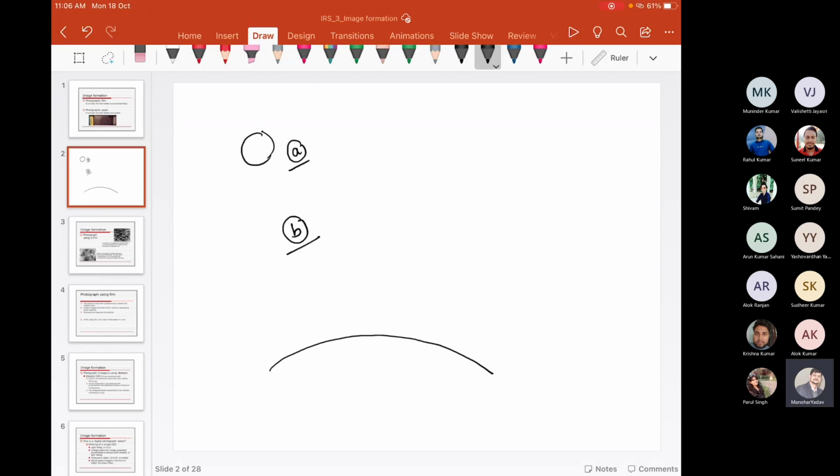Okay. Then at step C, we discussed how the energy falling on the ground surface or on the objects is redistributed into many components. Okay.